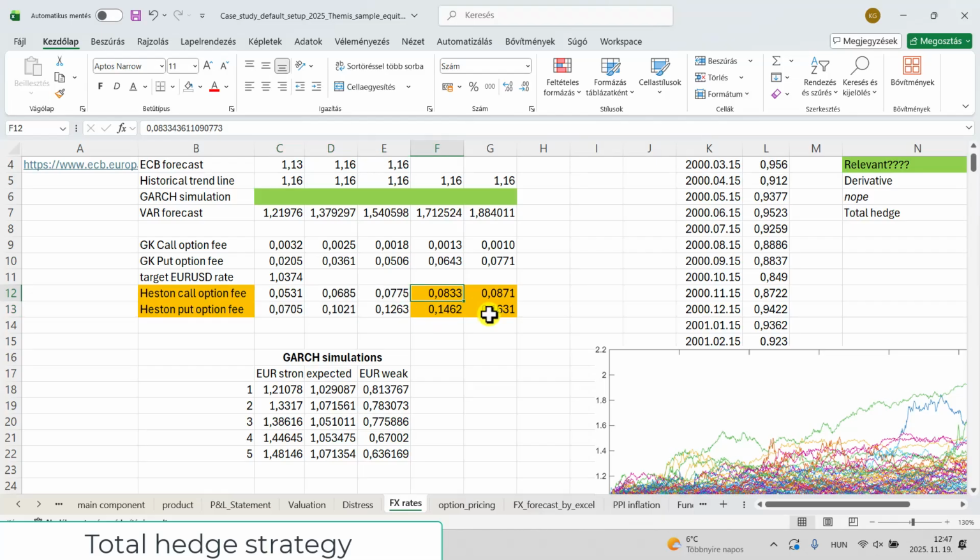Then the next thing is that we have to sell US dollars to buy euros, so at the end of the day we have to buy euros because of the denomination. So we have to buy a call option because we would like to buy euro. So that's why this is the option fee for us.